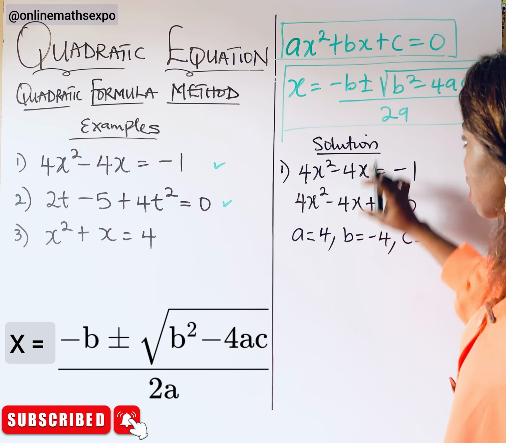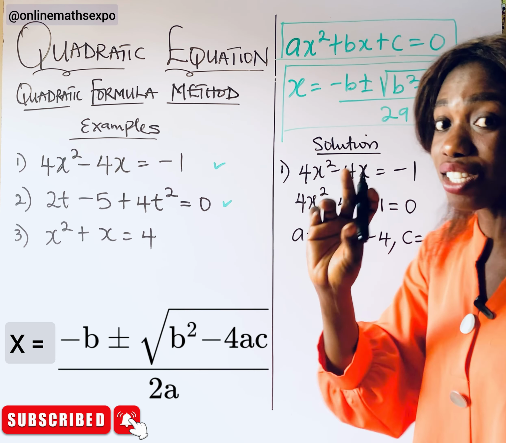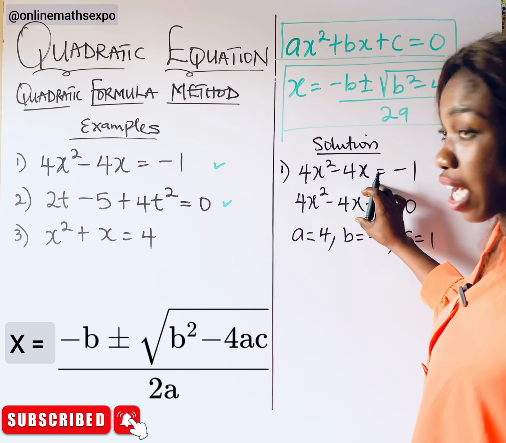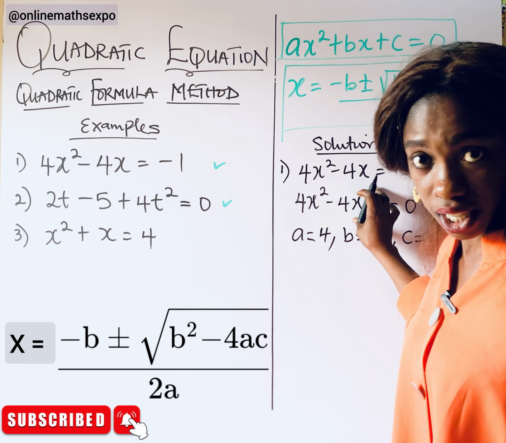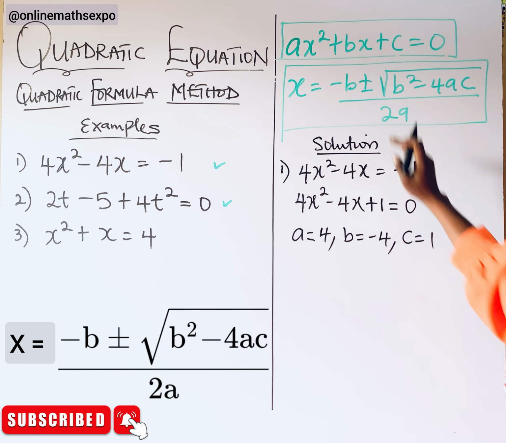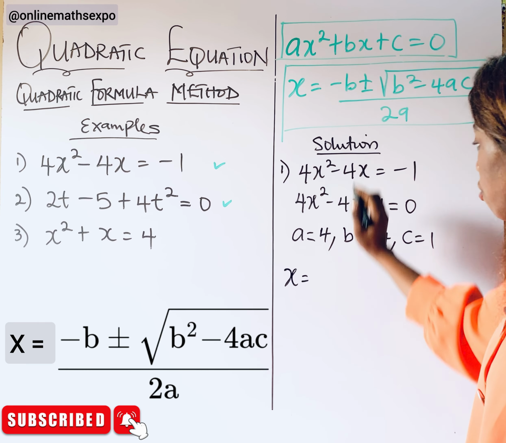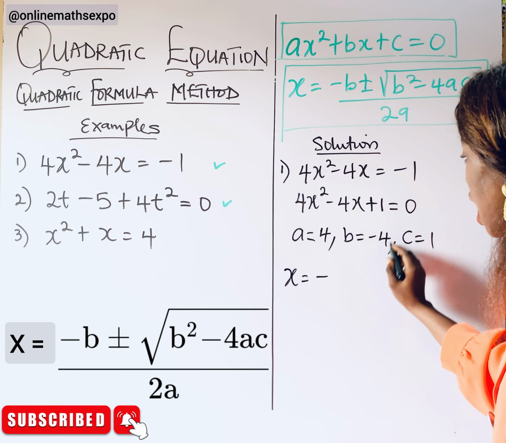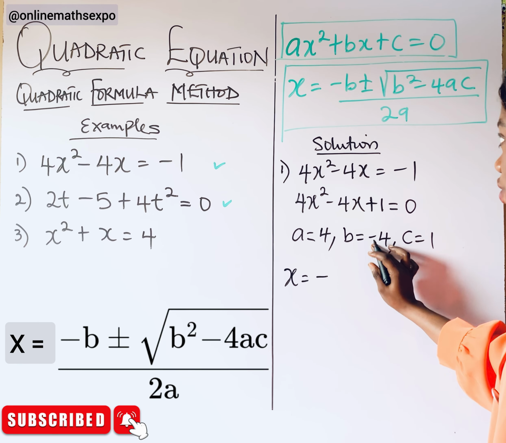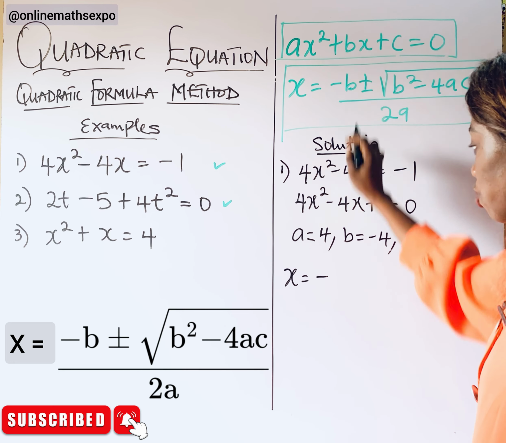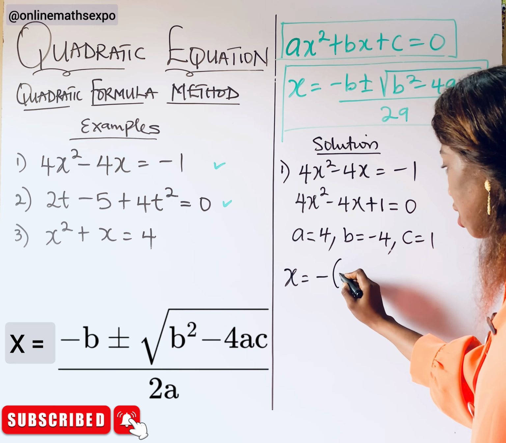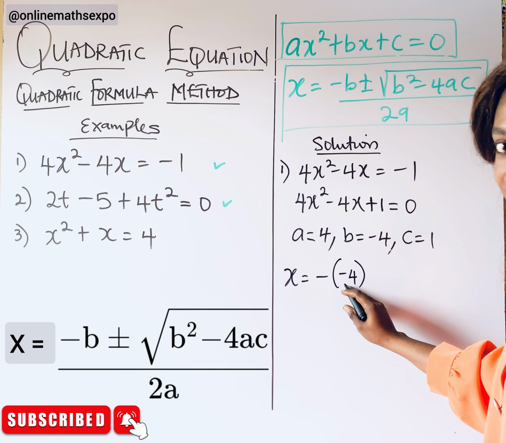So let's plug this into the formula. Please don't plug in the variables as most students usually do, okay? Just plug in the values. So we are going to have x is equal to negative, but your b has a negative. The formula has a negative attached to b, but your b is negative, so you put it in brackets. Did you see that?